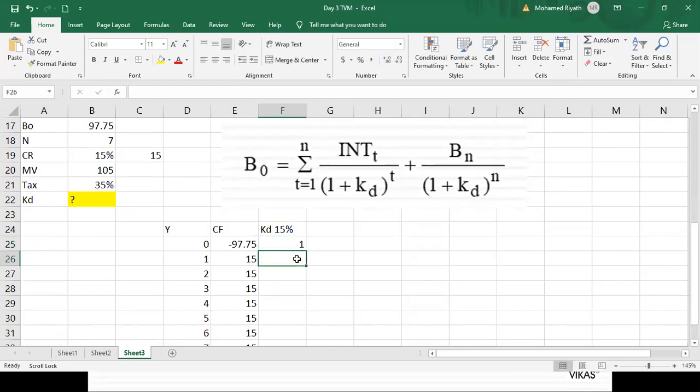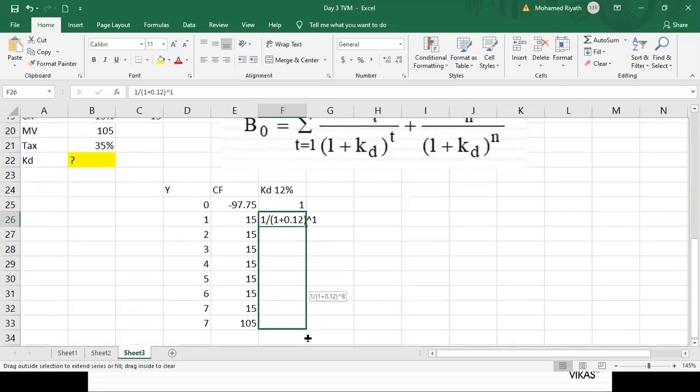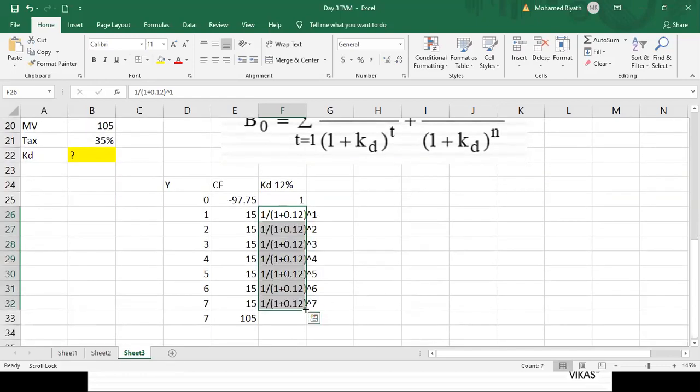Here, how much? Equal 1 divided by 1 plus, we'll take not 15%, we will take 12%. 0.12, year 1, 2, up to 7 years.